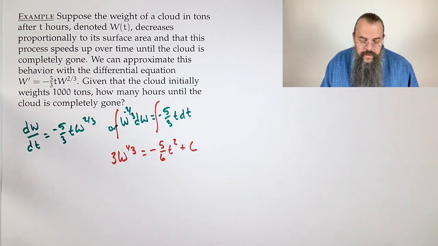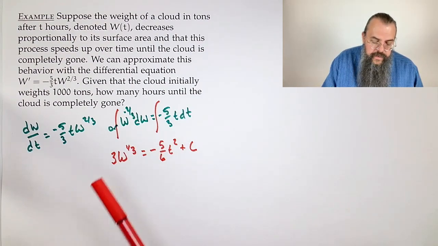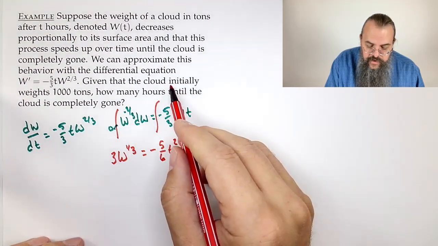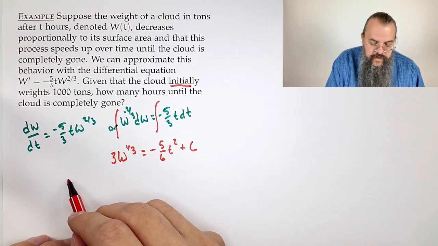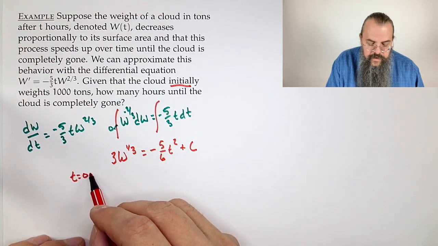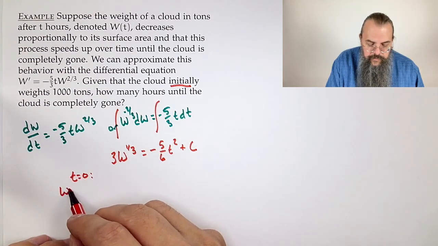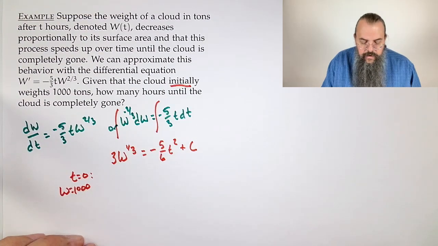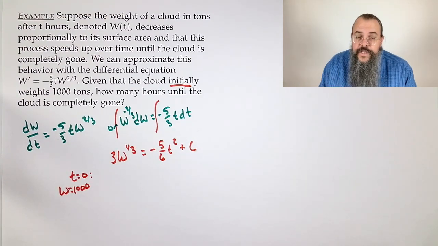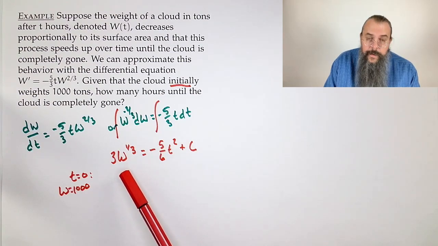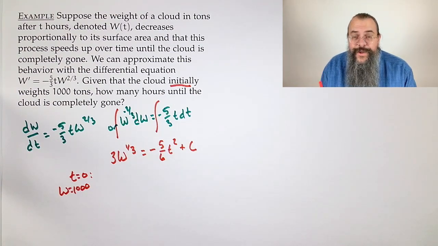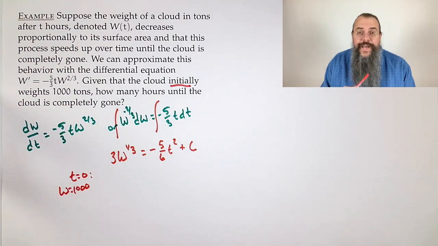Now what do we know? Well, we know the initial conditions. At time equals 0, W is 1,000. Let's solve for C. W to the 1/3, 1,000 to the 1/3 power. The cube root of 1,000 is 10.